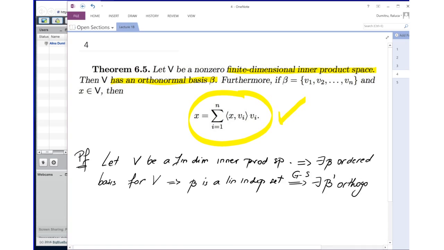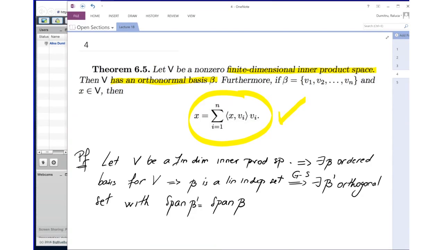Beta prime is an orthogonal set with span of beta prime same as span of beta. All right, but what is the span of beta? Beta was a basis, right?